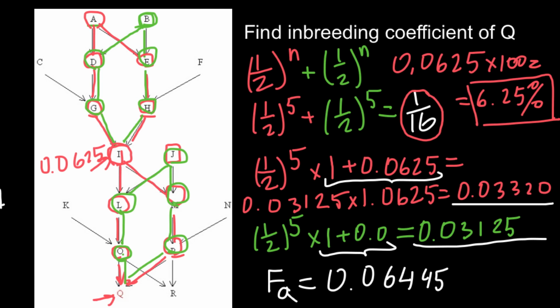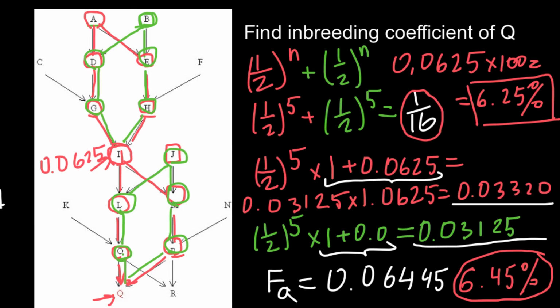And if we need an answer in percentage form, basically we have to multiply this number by 100, or move this decimal number 2 places to the right. So the answer in percentage form would be 6.45%. And this is going to be our answer today.